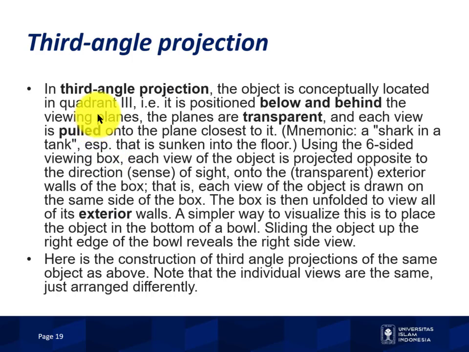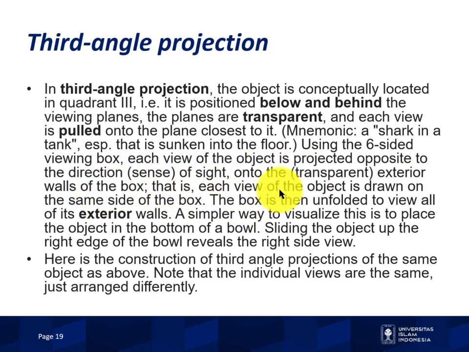In the third angle projection, the object is conceptually located in quadrant 3. Its position is below and behind the viewing planes, the planes are transparent, and each view is put onto the plane close to it. Using the 6 sided viewing box, each view of the object is projected opposite to the direction of sight onto the exterior walls of the box.